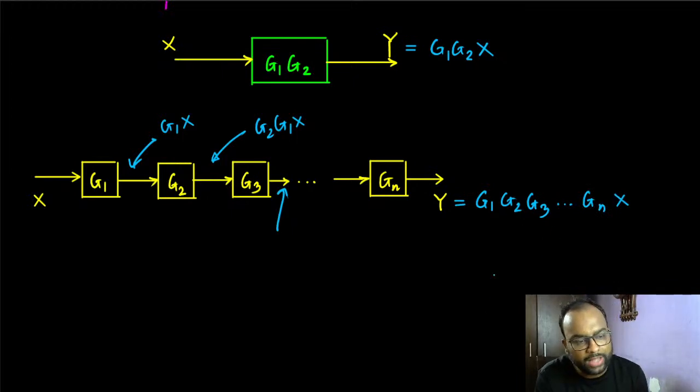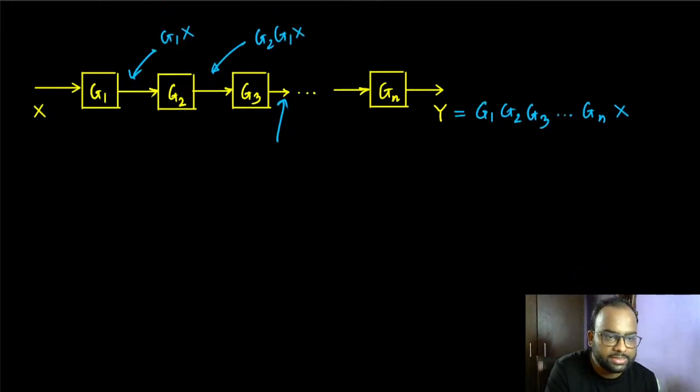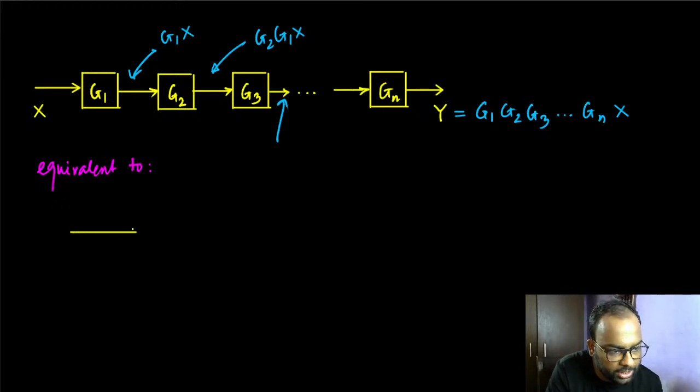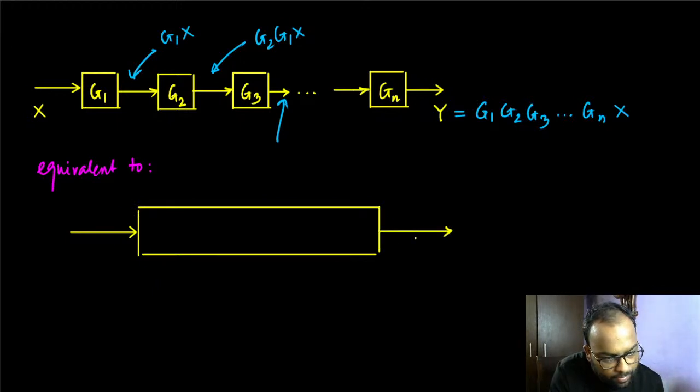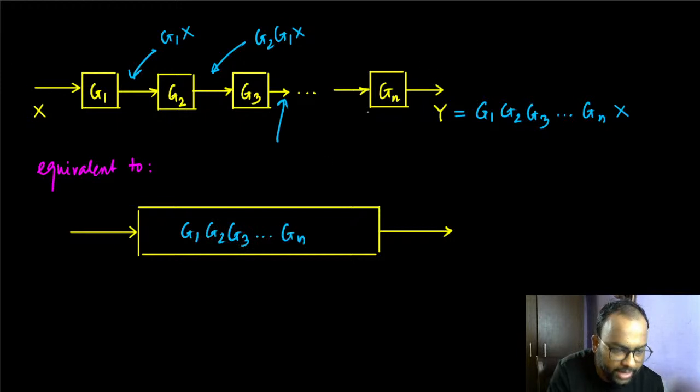That's going to be the output of the system. So this whole thing is equivalent to having a system whose transfer function is g1, g2, g3, dot dot dot, gn.